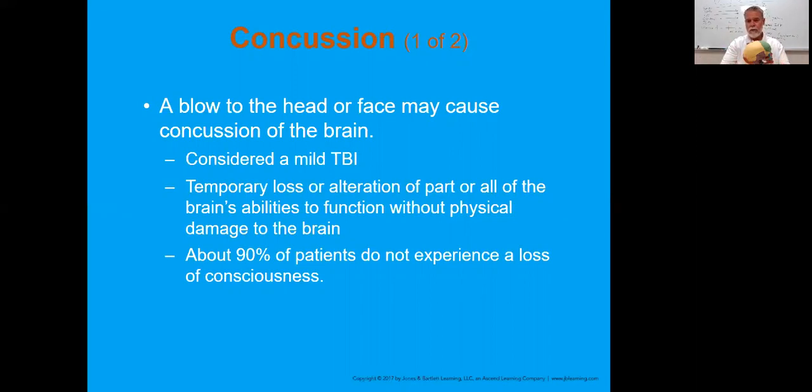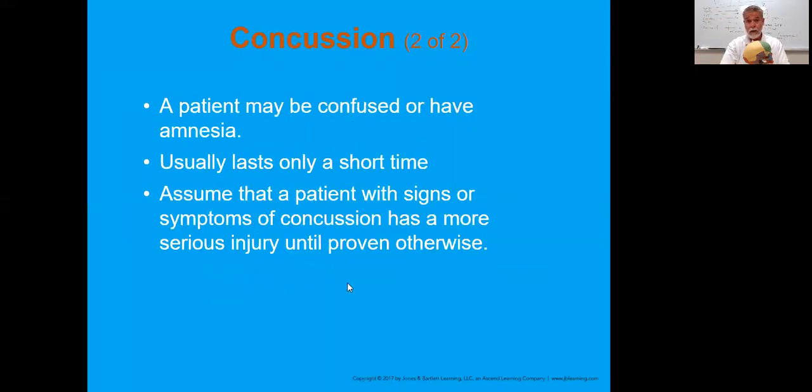90% of those patients also do not lose consciousness. So you find someone like that, they're talking normal right now. It's kind of how it goes with a concussion. So we look at the mechanism behind it, and index of suspicion is up here, as we can't really rule this in or out until we get them to the hospital, but you can certainly suspect that. They may be confused.